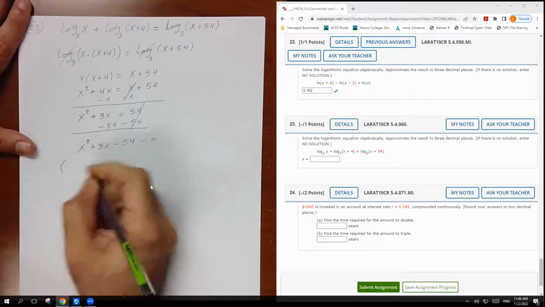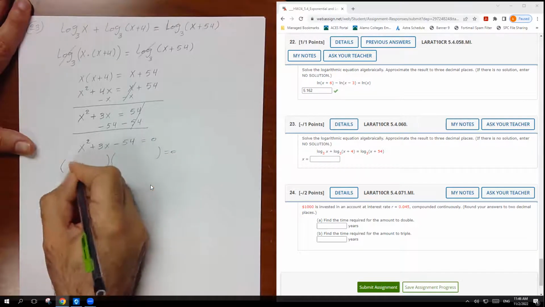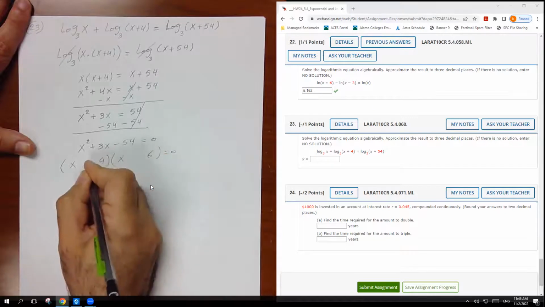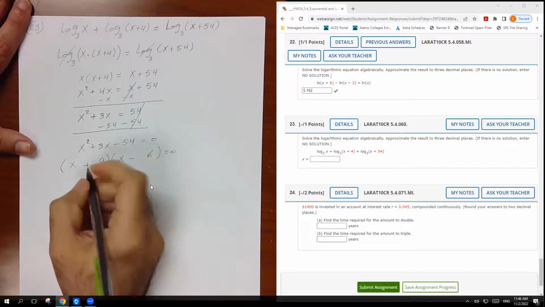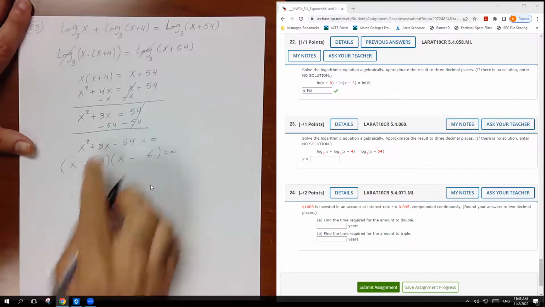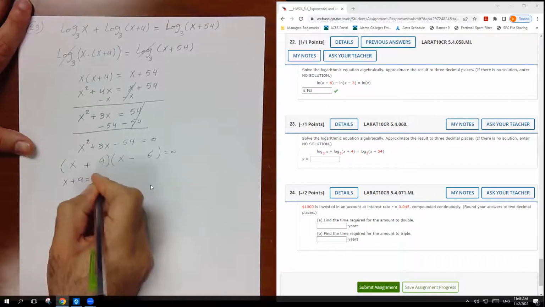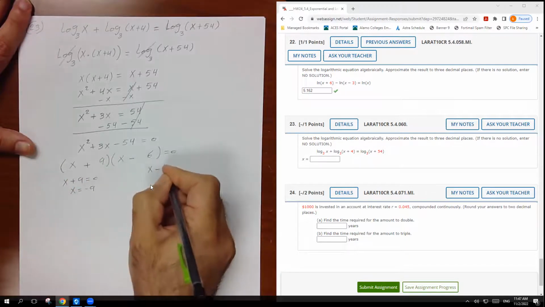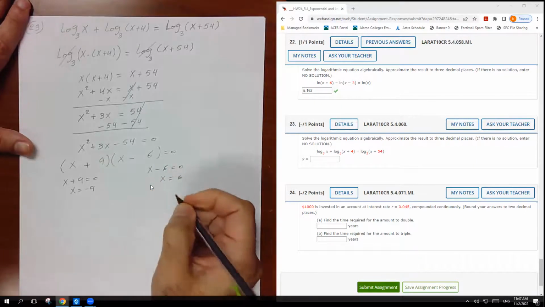Now we can factor this one by opening 2 parentheses equals 0, x 9, 6, plus minus. 9x minus 6x is going to be 3x, which is the middle term. That means x plus 9 equals 0, so x is going to be equal to negative 9. And x minus 6 equals 0, that means x is going to be equal to 6.